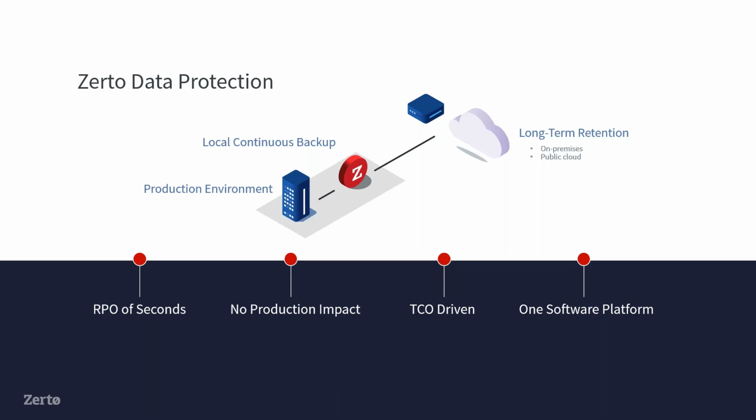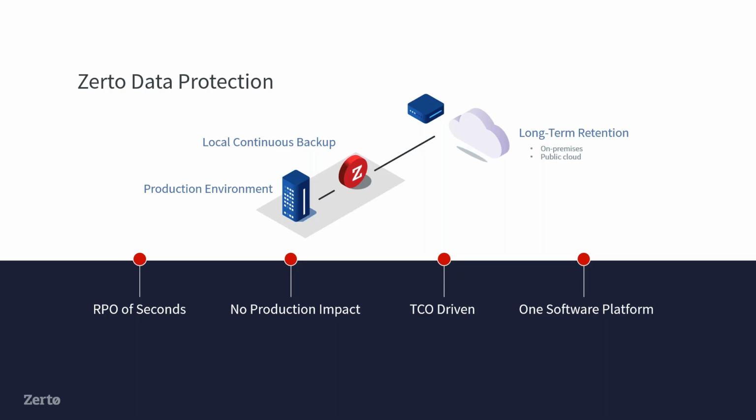We do this using our virtual replication appliances and our continuous data replication. And we combine that local continuous backup with long-term retention into the cloud or to an on-prem NAS appliance, all protecting those applications without any impact to your production performance.